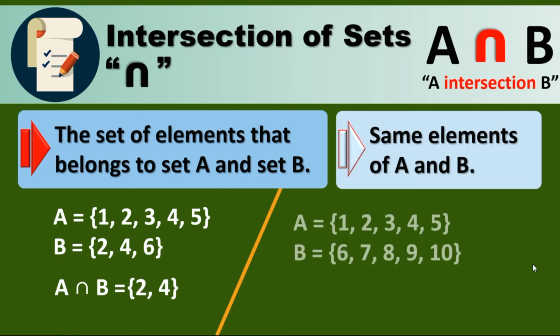Another example. If A contains 1, 2, 3, 4, 5, and B contains 6, 7, 8, 9, and 10, what is A intersection B? It is an empty set. That's because there's no same element of A and B.